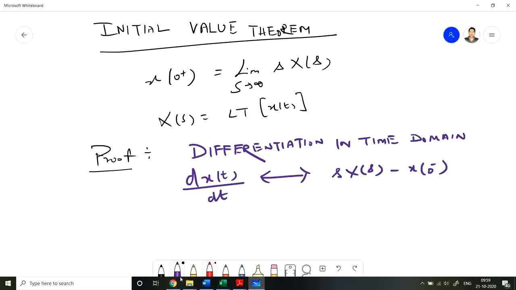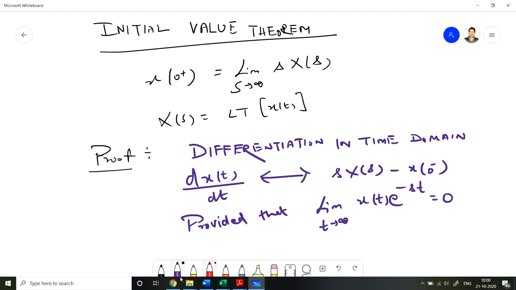This property is true when the condition is provided that the limit as t tends to infinity of x(t) e raised to the power minus st is equal to 0.